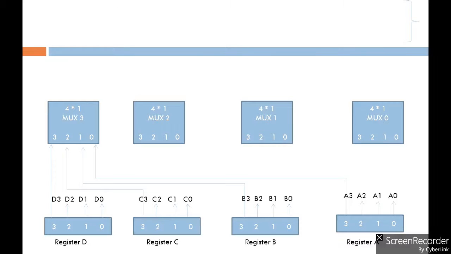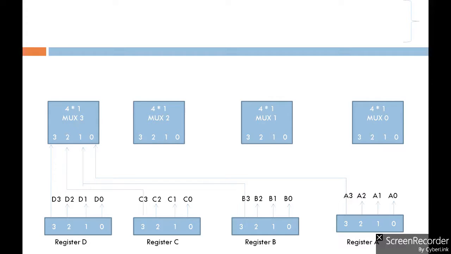After that, each register's particular bit number, say D3, C3, B3 and A3, are connected to multiplexer 3. As you can see from the figure, A3 bit from register A, B3 bit from register B, C3 bit from register C, and D3 bit from register D are connected as input to multiplexer 3, right? So these are the 4 inputs from the different registers, last bit to the last multiplexer in the list.